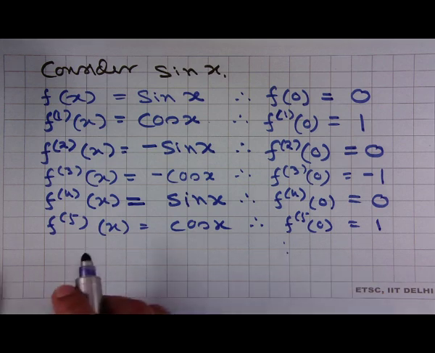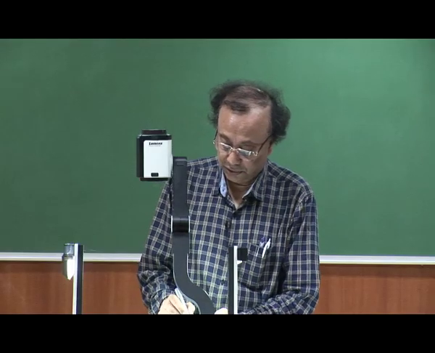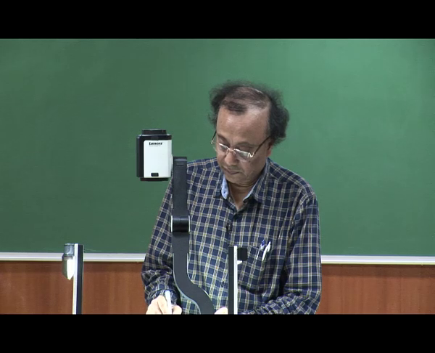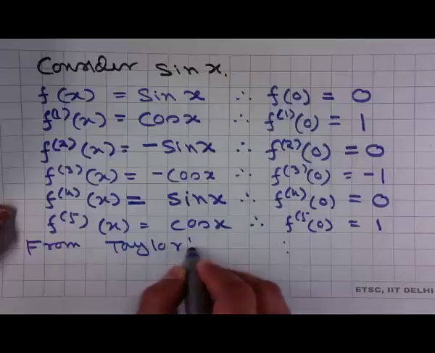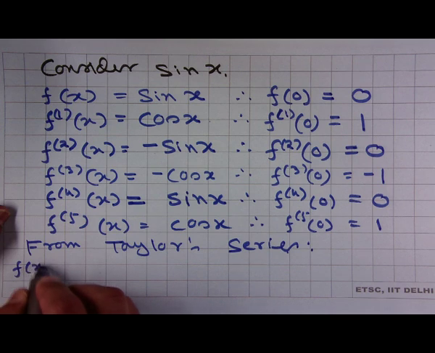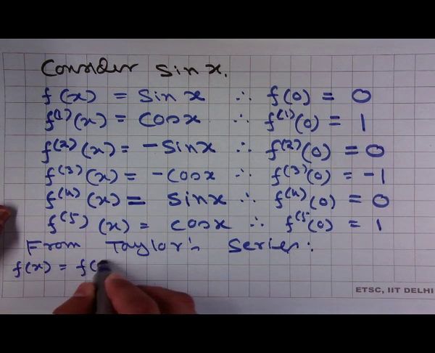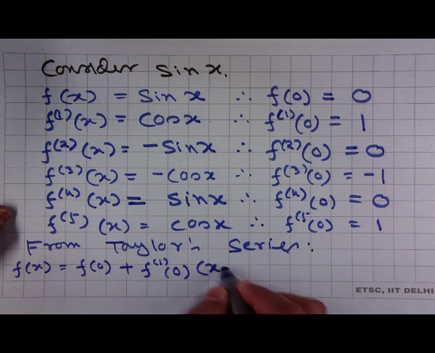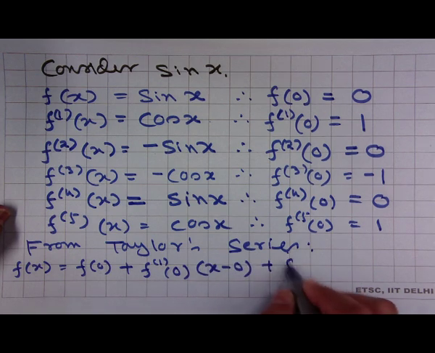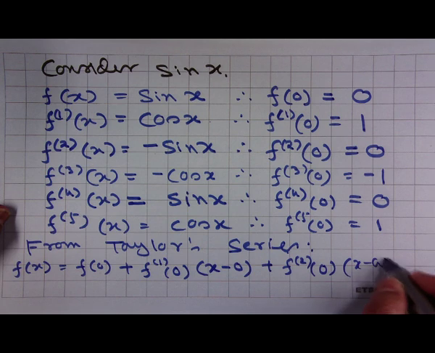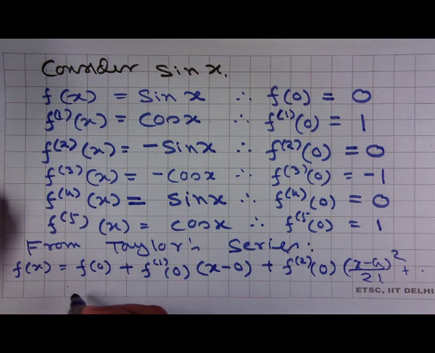So, let us stop here, and we know that from Taylor's theorem, from Taylor's series, f of x is equal to f of 0 plus f prime at 0 into x minus 0 plus f second derivative at 0 into (x minus a) whole square upon factorial 2, etc.